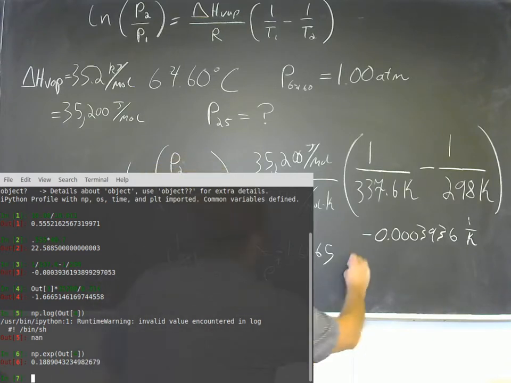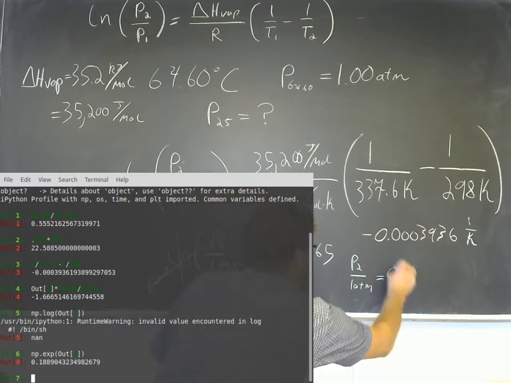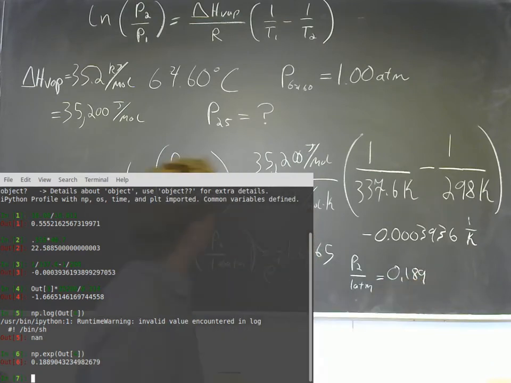So P2 over 1 atmosphere is equal to 0.189. And right now that's a unitless quantity. All of the units here canceled each other out. Whenever you're taking natural logs or exponents, you should have a unitless quantity.